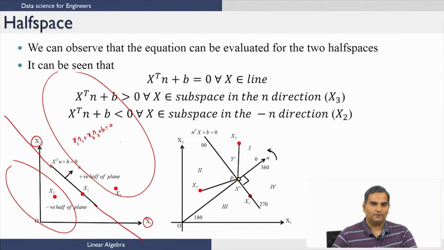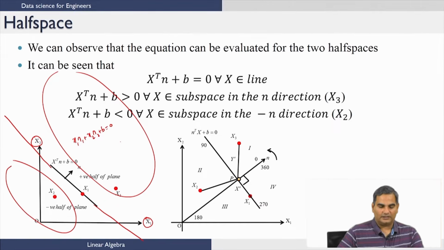And that is the reason why we are interested in these half spaces from a data science viewpoint. So, this question is of importance in a particular kind of problem called a classification problem.